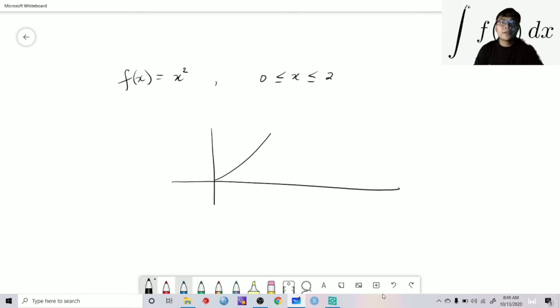So this is f. We bound this f from 0 to 2, so this is x equal to 0 and x equal to 2. So that means this value here would be 4.